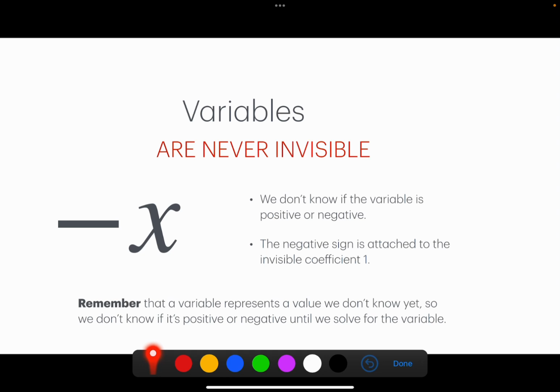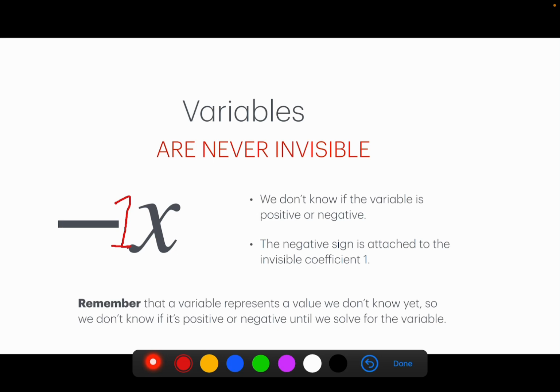Remember that variables are a symbol that represent a value we don't know. We don't know if this value is negative or positive. So this negative sign can't be attached to this. So what is this negative sign attached to? Well, it's attached to the invisible 1 that is right there.